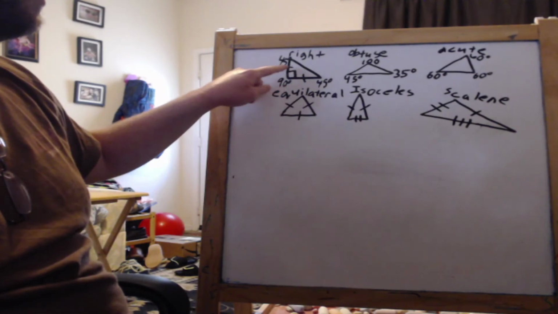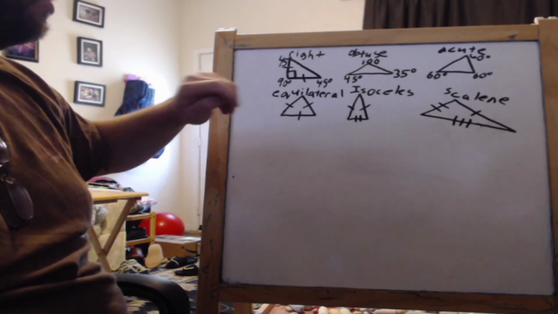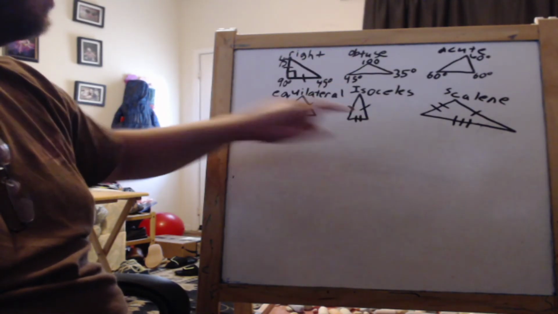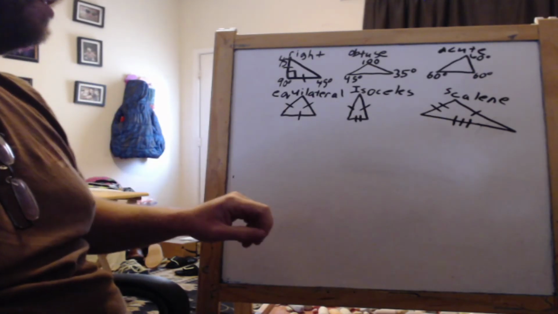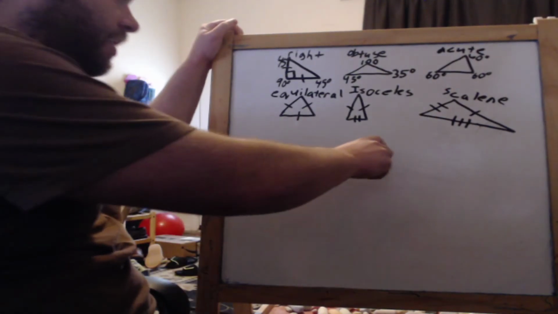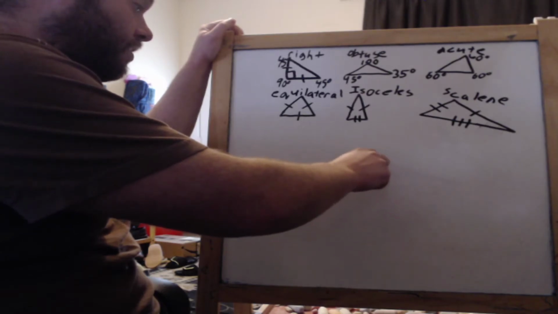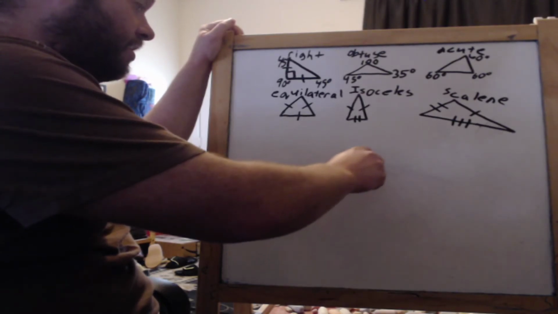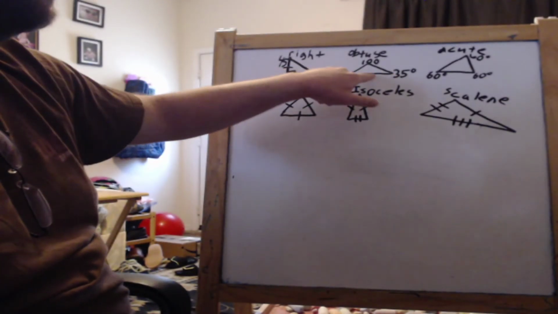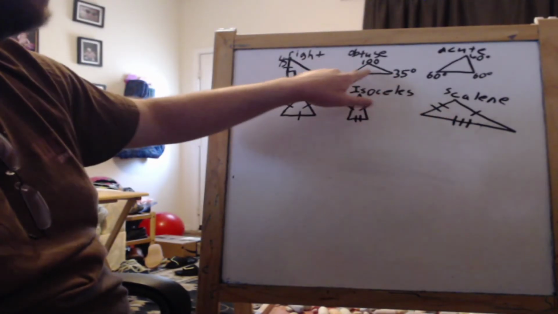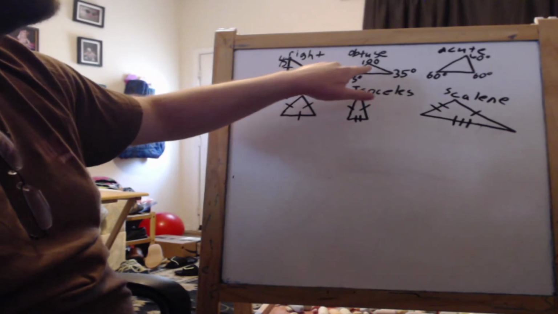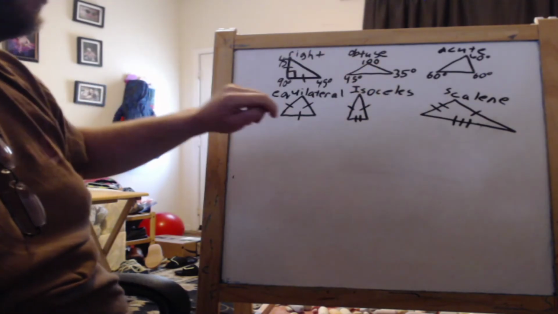But a right and obtuse triangle can be both isosceles or scalene, because you could have, for instance, this one, since these angles are not the same, it means that it would be scalene. These are going to be slightly different lengths.